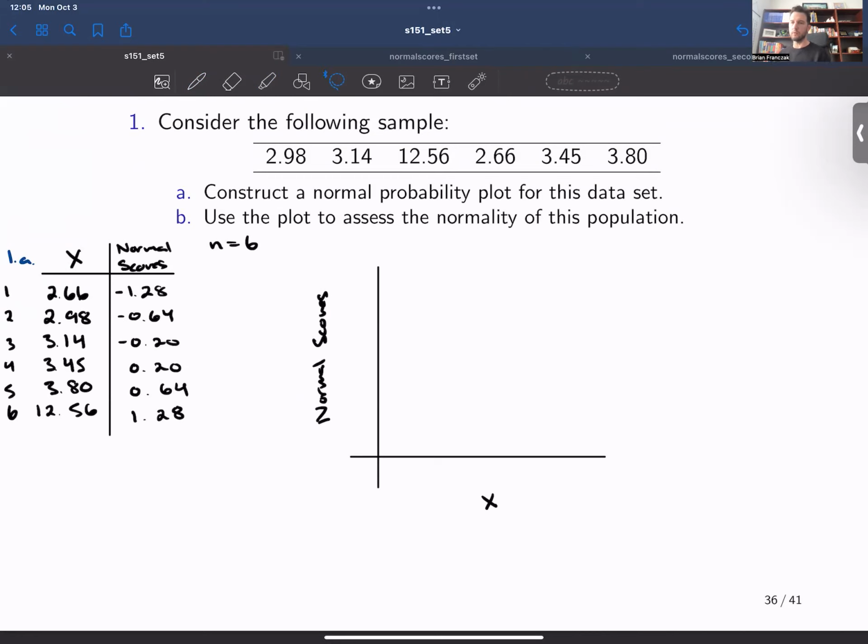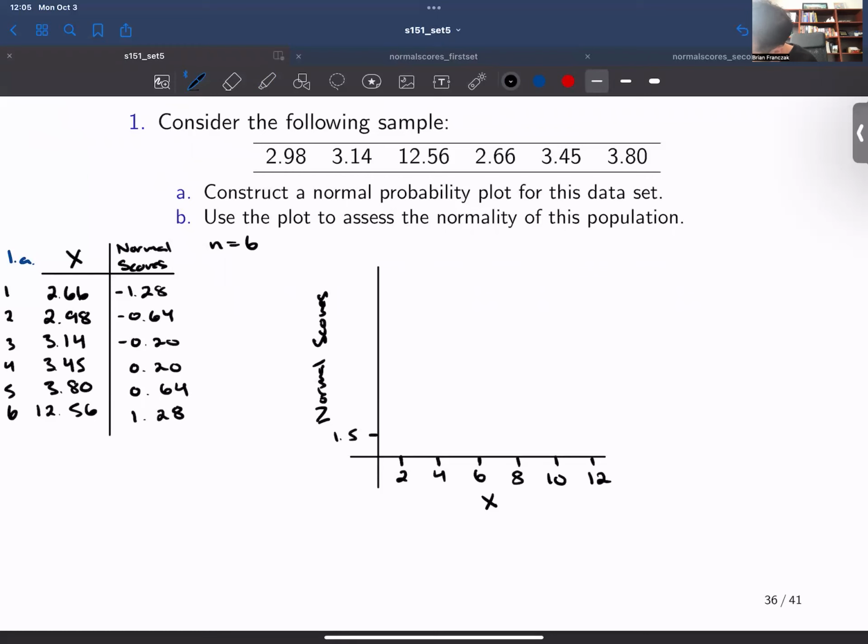Now all we have to do is come up with a scale. In this situation, we'll start with a value of 2 on the x-axis, and then we'll increase by 2s: 4, 6, 8, 10, 12. And then we'll come up with a similar scale here.